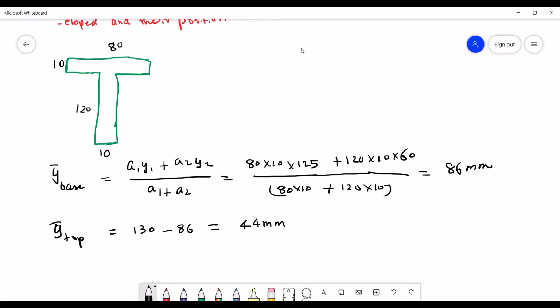Now we can mark the neutral axis here, and we can draw the stress distribution diagram. We don't know what the stress is, that we have to find out. Then also we will keep the stress distribution diagram drawn.